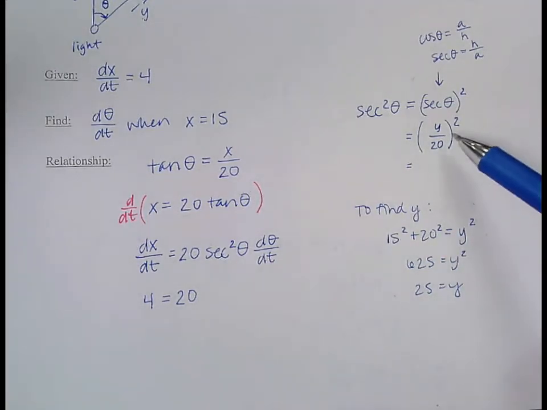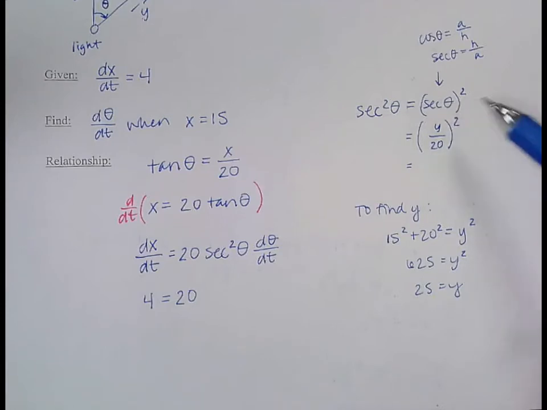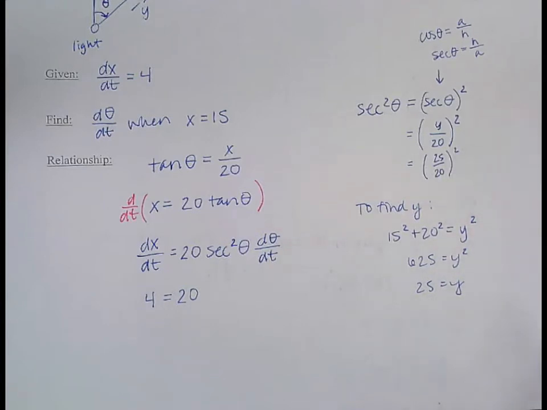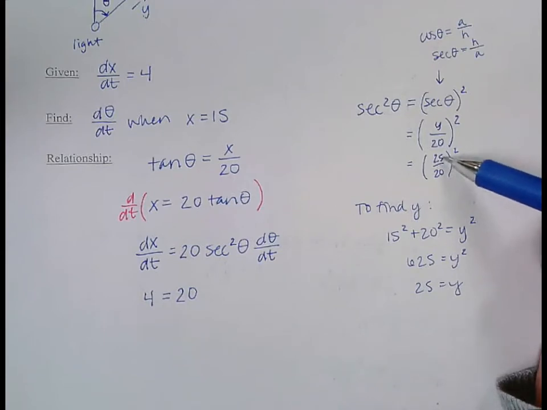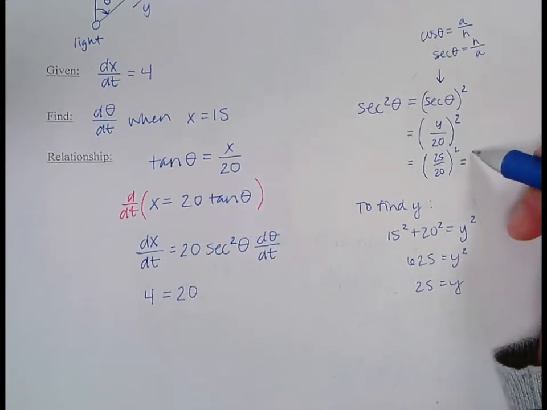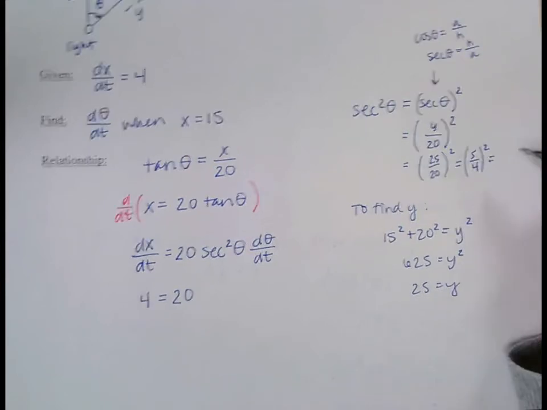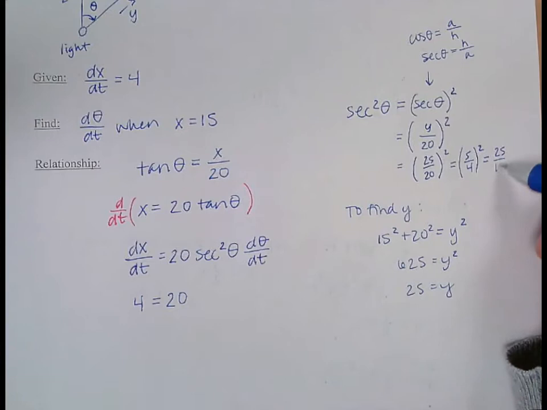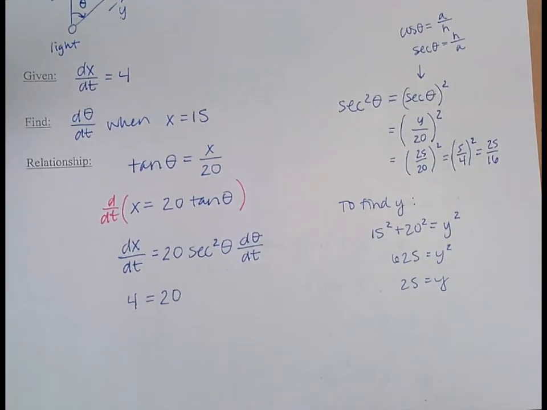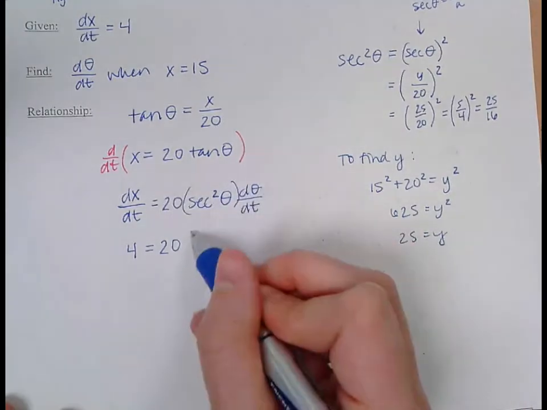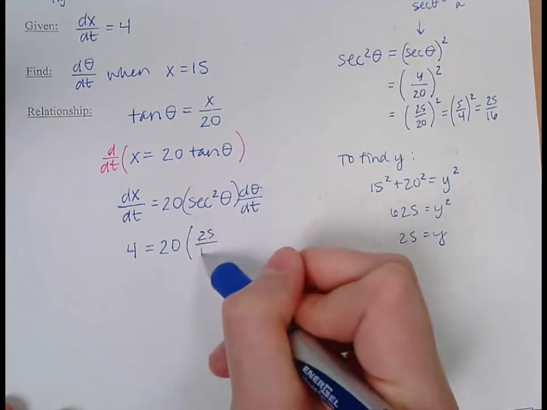Going back up, secant of theta squared is really 25 over 20, squared, which, simplifying 25 over 20, is 5/4. And 5/4 squared would be 25/16. So in place of secant squared theta, I can substitute in 25/16.